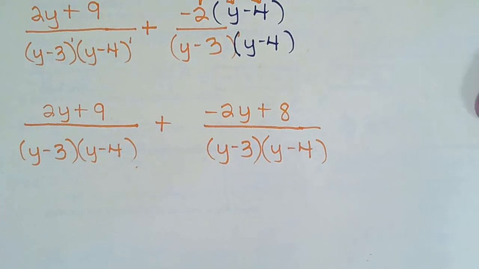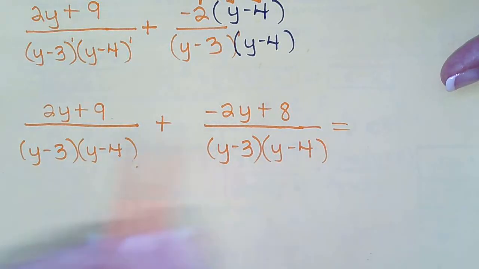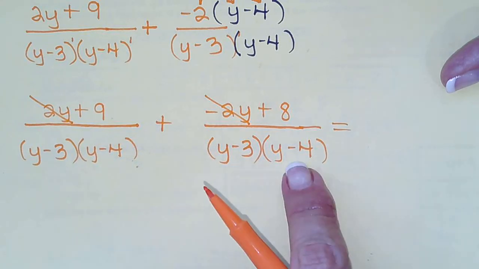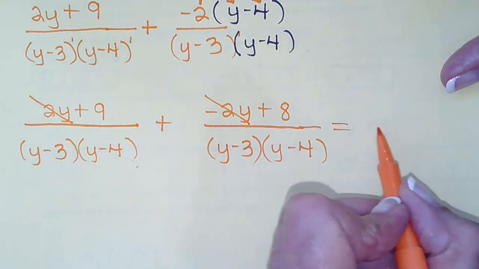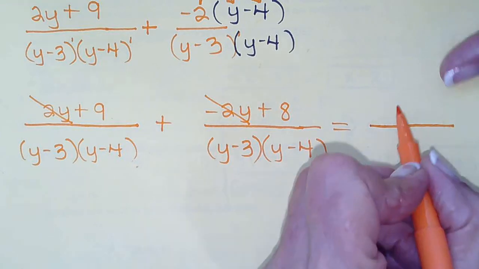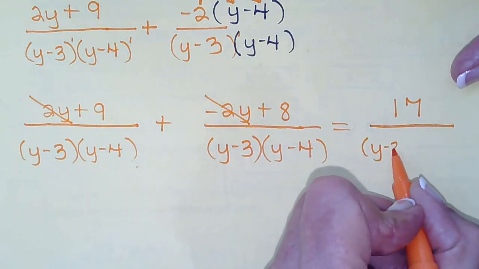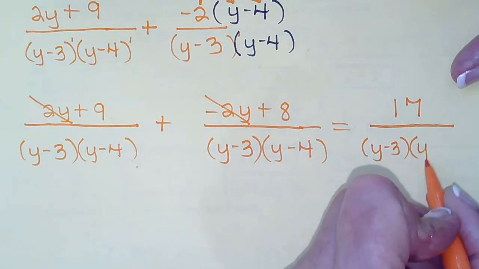So my last step is to go, oh, well, we have a common denominator, so now we can add like terms. Well, 2y minus 2y is gone. And we wouldn't be able to do this if these didn't match, but they match, so we can. So 9 plus 8 is 17 over y minus 3, y minus 4.